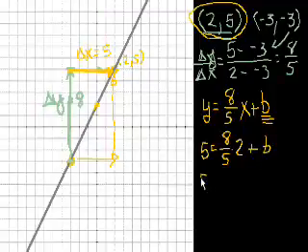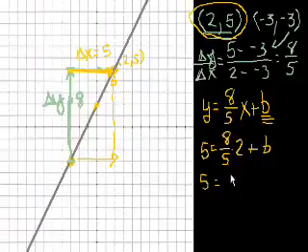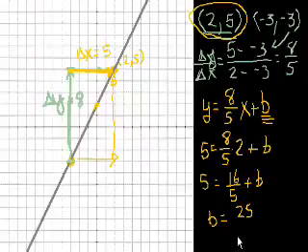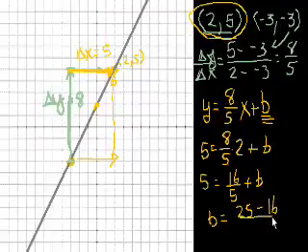Now we just get 5 is equal to 16 over 5 plus b. And then we get b equals, well, 5 is 25 over 5, so 25 over 5 minus 16 over 5 equals 9/5.